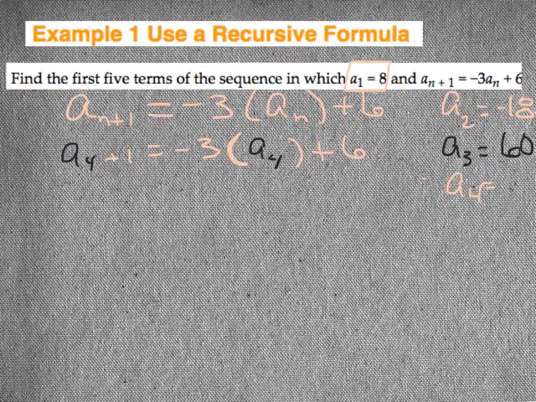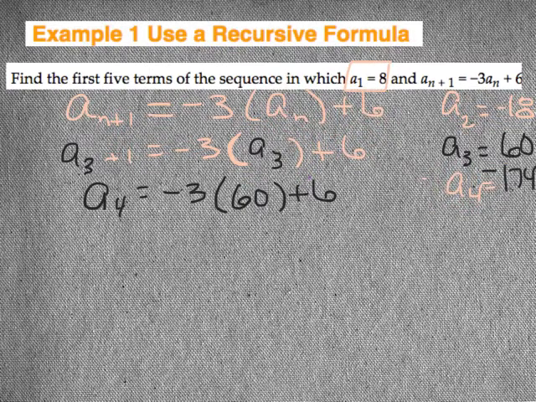I'm trying to find a sub 4, so I'm going to substitute the previous term, which is a sub 3. A sub 3 plus 1 is a sub 4. So that's the fourth term, which is what I'm trying to find, is going to be -3 times a sub 3, which is 60, plus 6. And when I do that math, that's -174 is my fourth term.